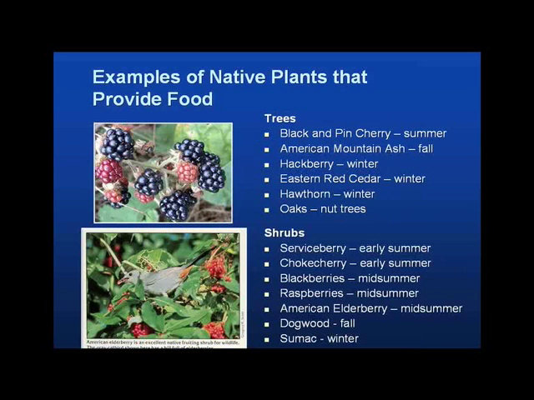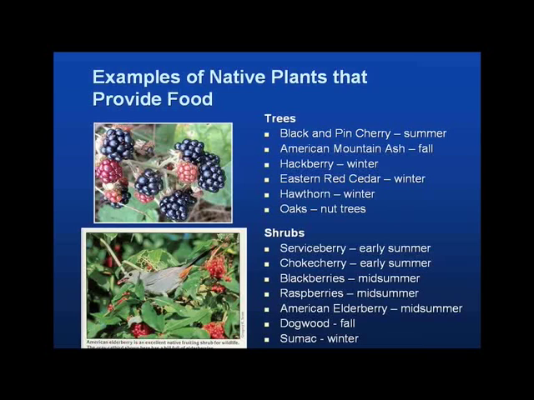So here's an example of some trees and shrubs that you might consider if you're looking to do some planting or to enhance food values by putting in trees and shrubs that wildlife prefer or seek. These can be birds, these can be mammals, and you'll see for the trees there's cherries that will bear fruit in the summer.